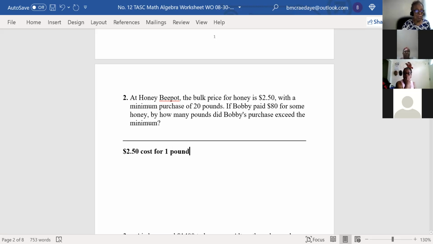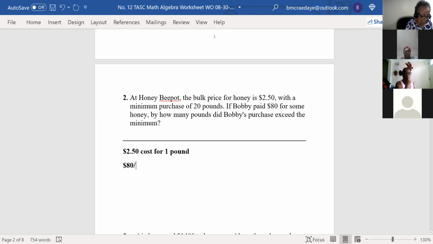Okay, so if she paid $80 for the honey, how would you find the number of pounds she bought? You say 80 times 250. No, that means you divide 80 by 250. 80 divided by 250, Michelle.